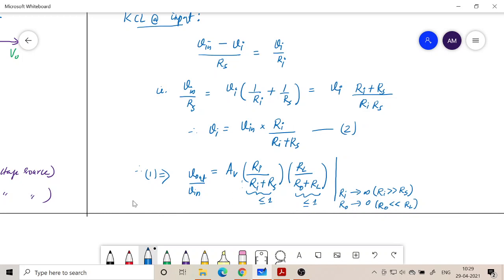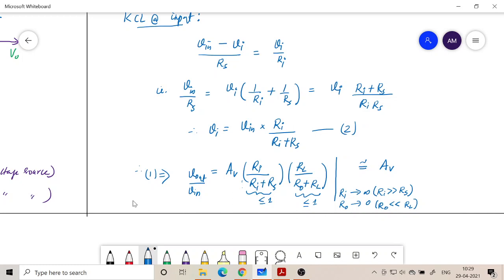If that is the case, then approximately this will become AV. Because if Ri is 100 times larger, it is 100 divided by 101, which is quite close to 1.